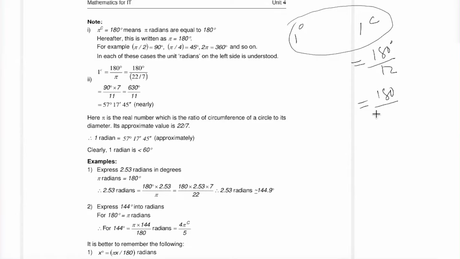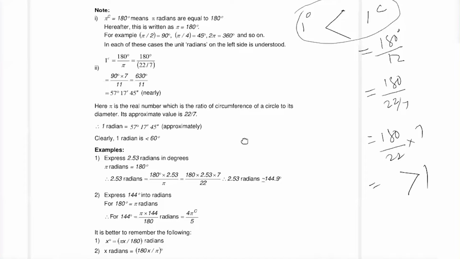If we assume pi as 22 by 7, then it's 180 by 22 by 7, that means 180 by 22 multiplied by 7. Obviously this fraction will always be greater than 1. So we can say 1 radian is always greater than 1 degree. Any doubt up to here?